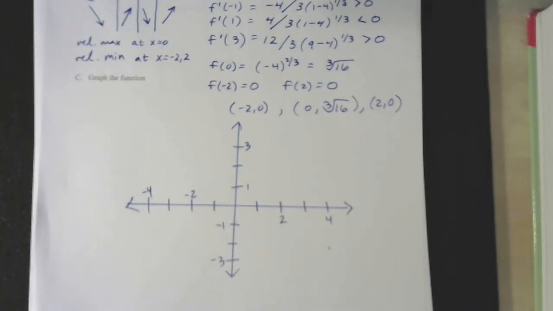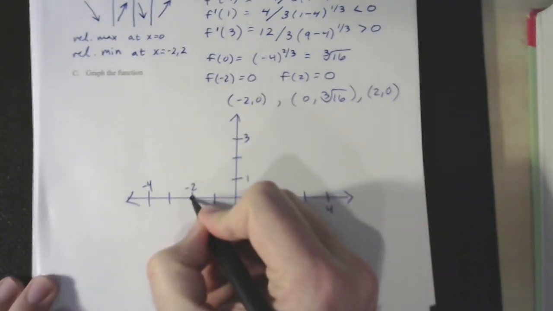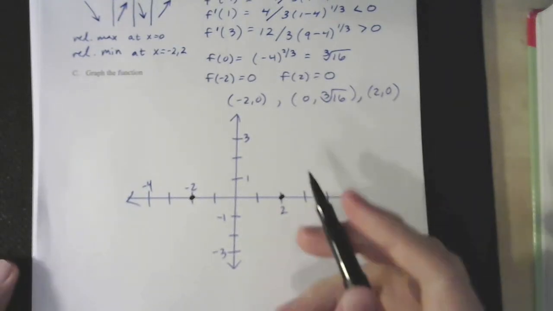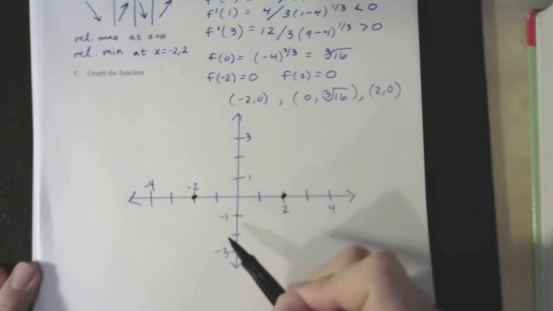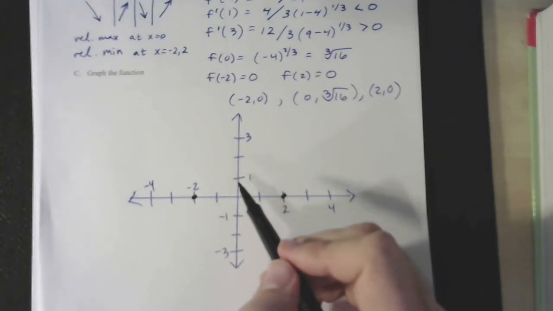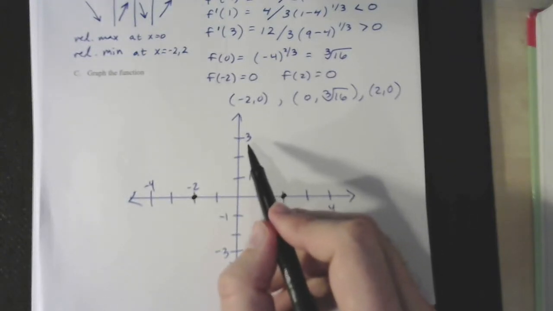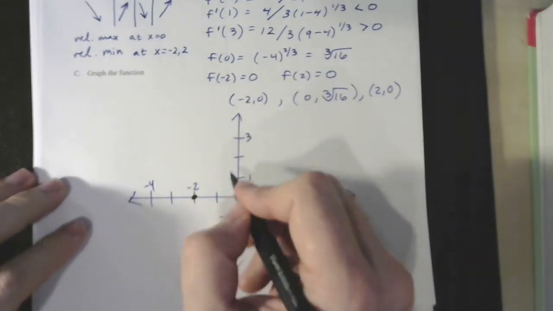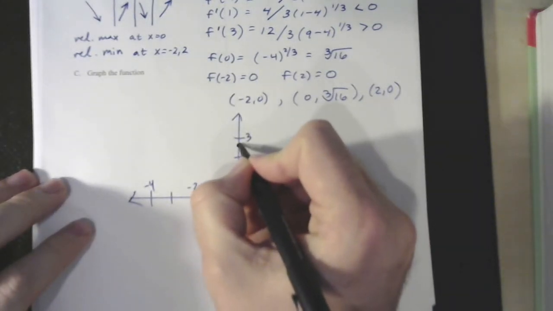So plotting our points that we know, negative 2, 0, 2, 0, and then we have the cube root of 16, which is less than the cube root of 27, which would be 3, but more than the cube root of 8, which would be 2, so somewhere in between. It's closer to 3. I'm going to estimate it about right here.